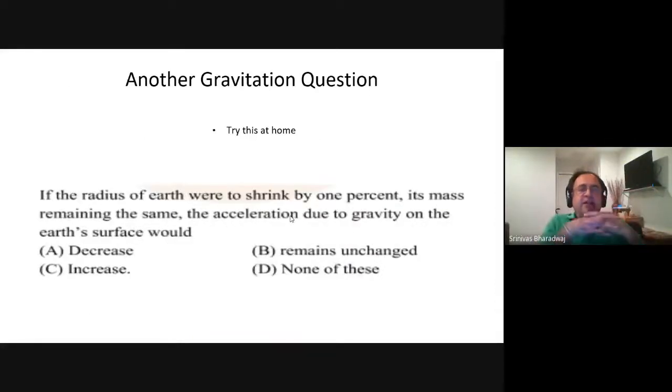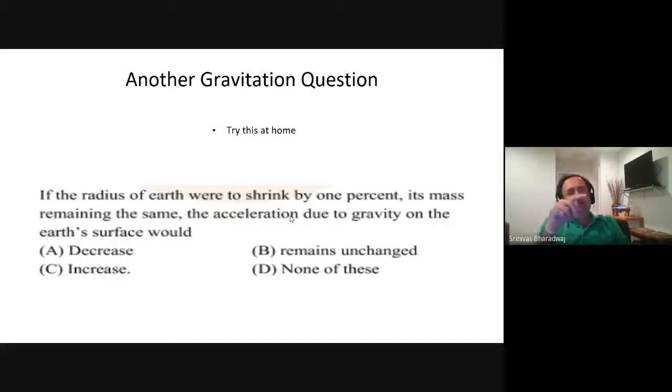Okay, if the radius of the Earth were to shrink by 1%, its mass remaining the same, what happens to the acceleration due to gravity on the Earth's surface? So the radius declines, but the mass stays the same. GM by r square is the acceleration due to gravity.